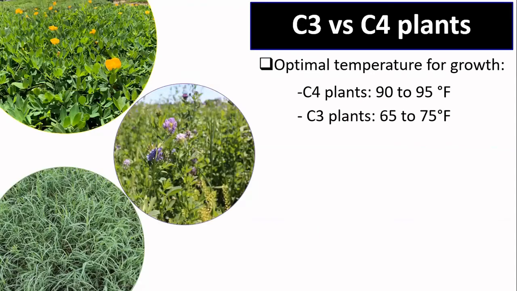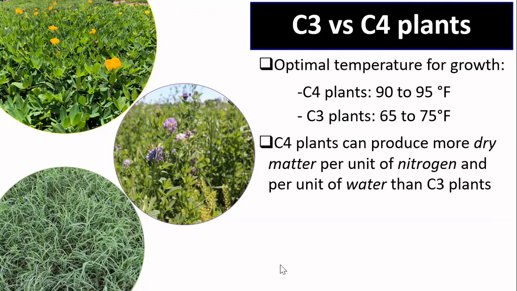A few main differences between C3 and C4 plants include optimal temperature for growth: for C4 plants, we are looking at a range between 90 and 95 Fahrenheit, as opposed to C3 plants, where the range will be between 65 and 75 Fahrenheit.